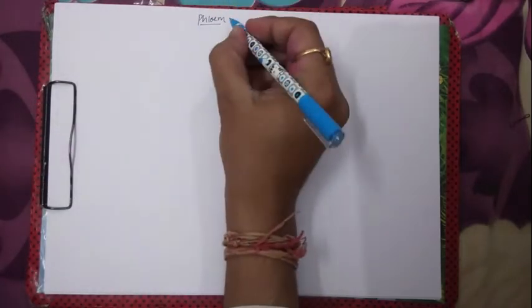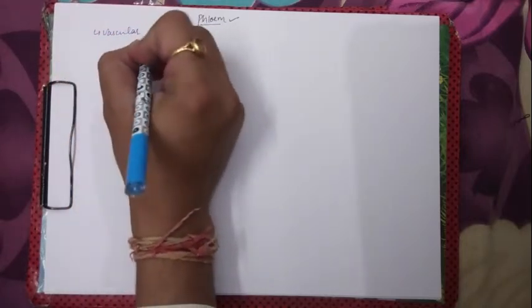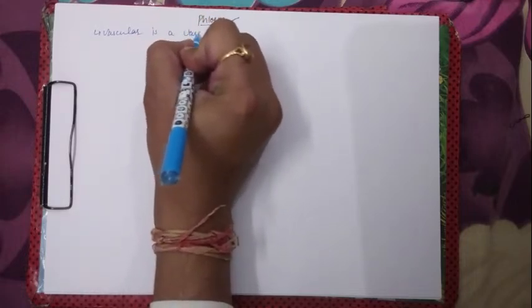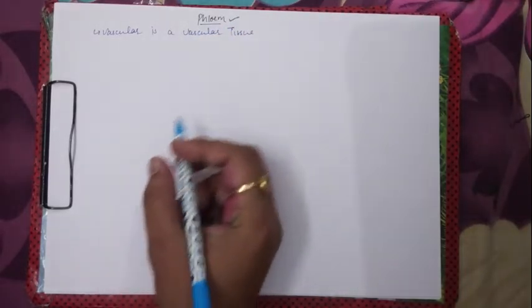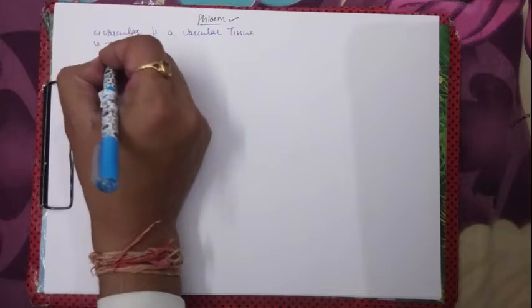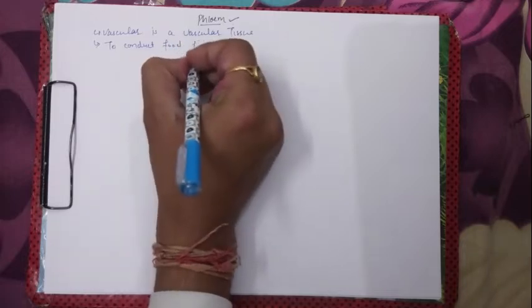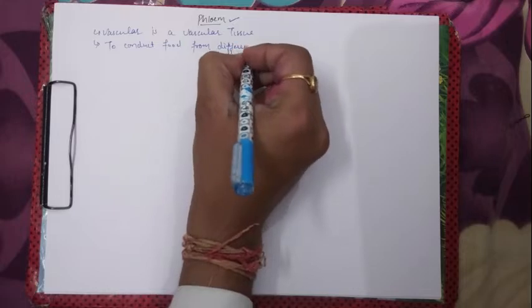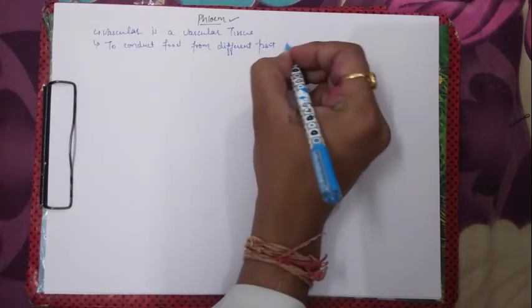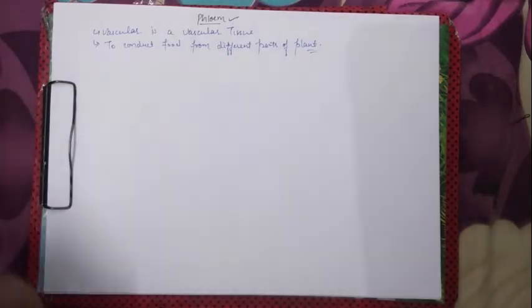As we have discussed, phloem is also a vascular tissue, which together with xylem forms the vascular bundle. The main function of phloem is to conduct food from different parts of the plant.